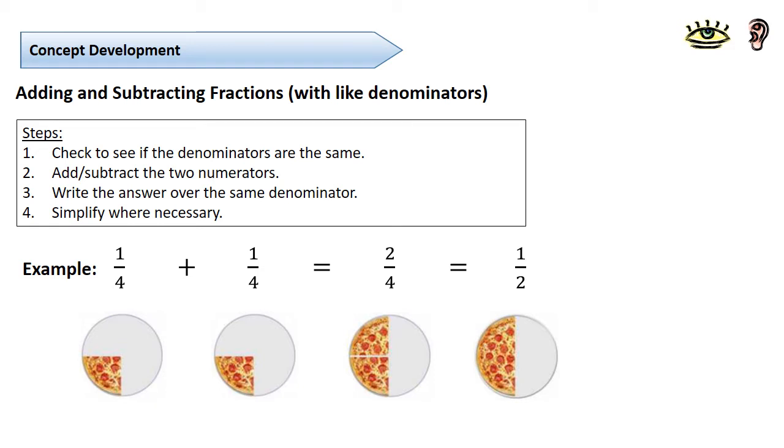If the denominators aren't the same, then you can't do any operations with them, with both the adding and subtracting. So with this first example, the denominator is 4, so we can add those. So 1/4 plus 1/4 gives us 2/4, which is a half after we simplify it. And we can do that because both of those denominators are the same.